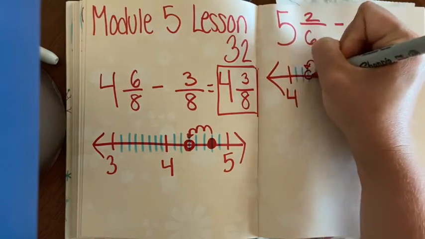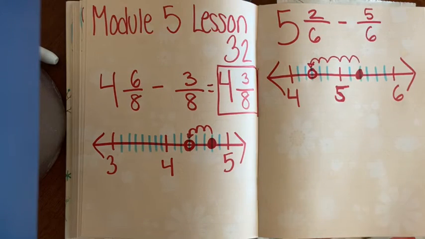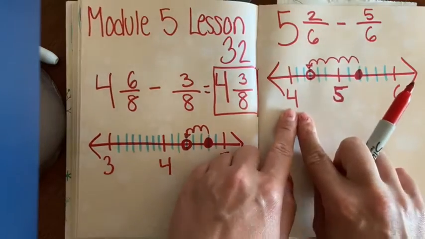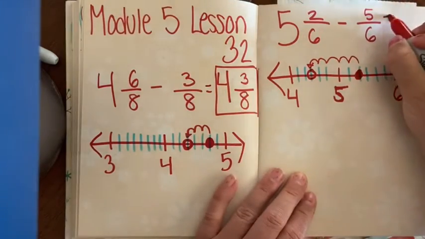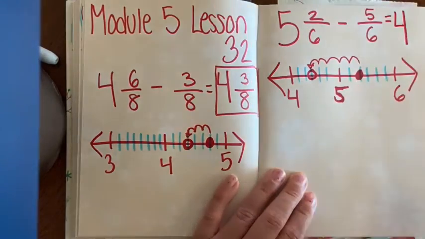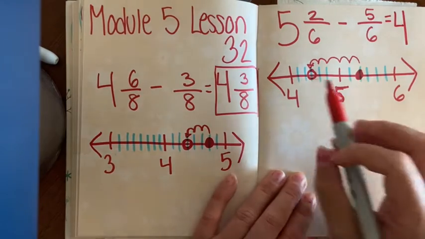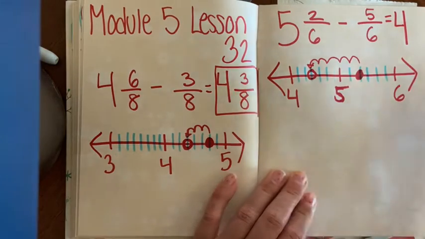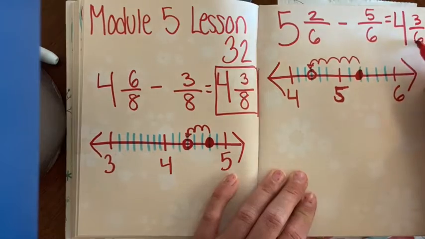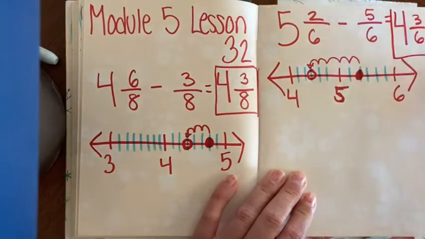You can put a hollow dot where we land. So as you can see, we landed in the 4 wholes section. So we know that we're receiving at least 4 wholes, and then let's count how many 6ths we have. 1, 2, 3. Giving us the difference, 4 and 3/6.